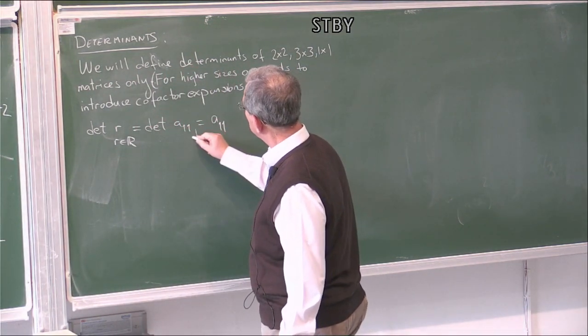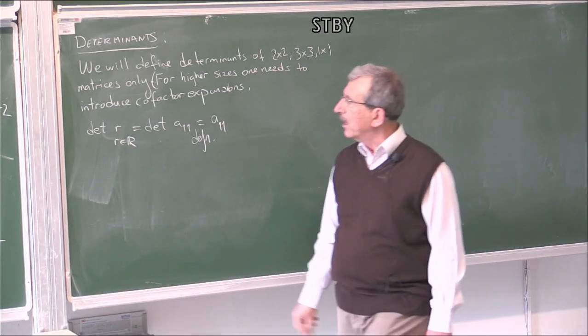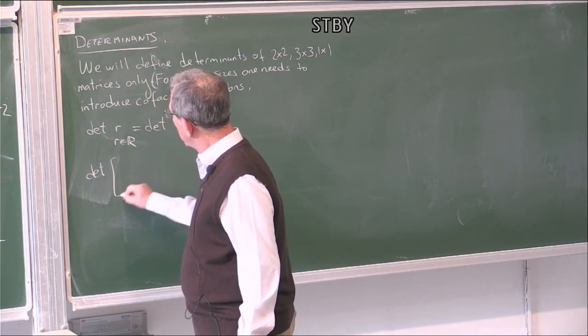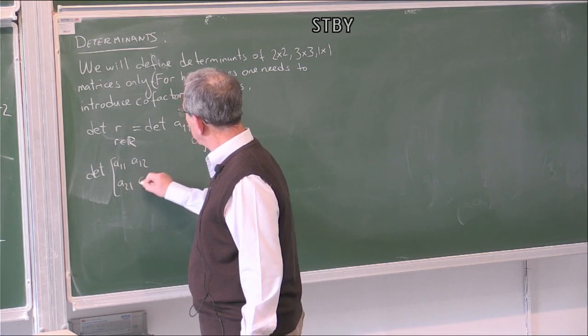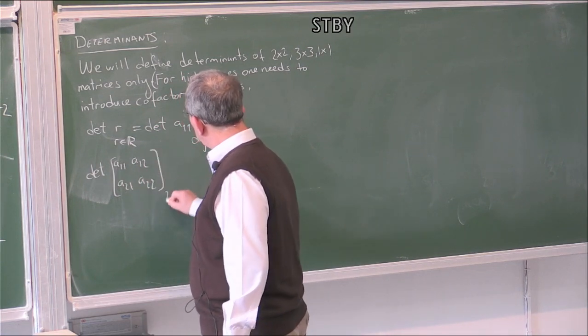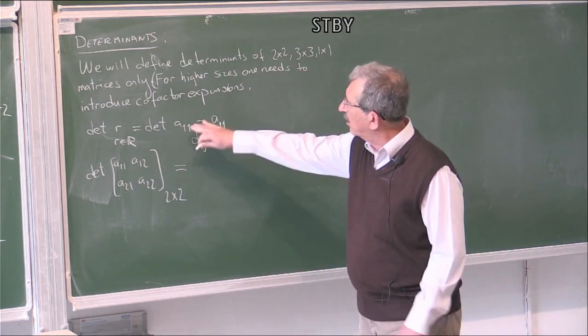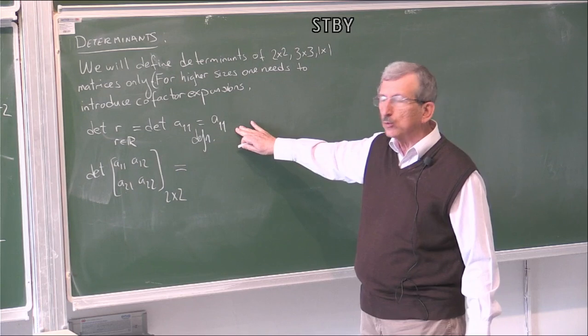This is our definition. For the determinant of a 2 by 2 matrix, now I did not write it here, not to confuse it with the absolute value.